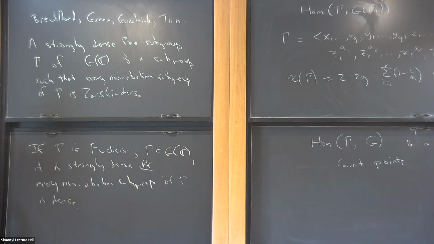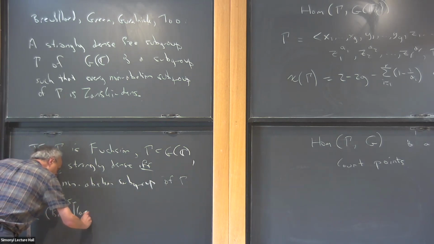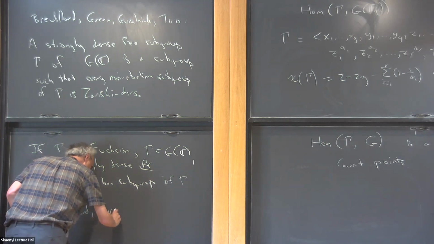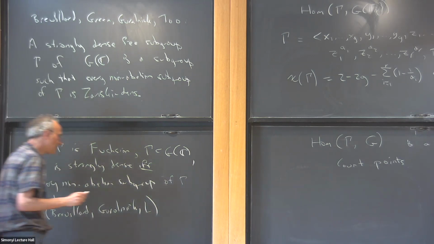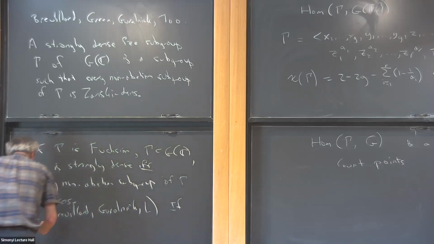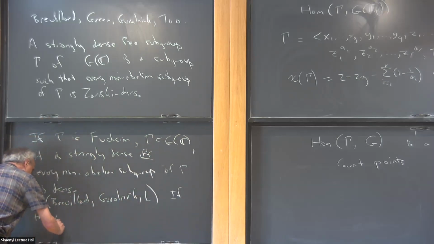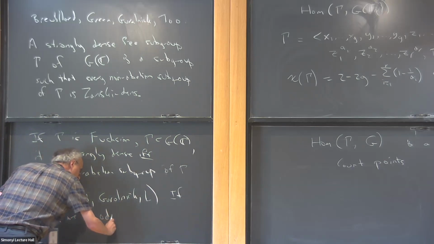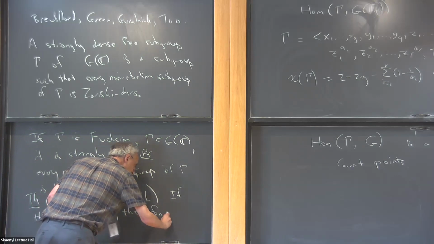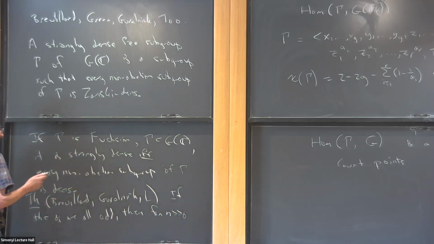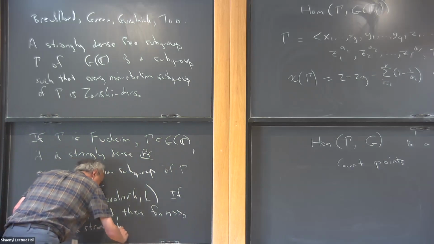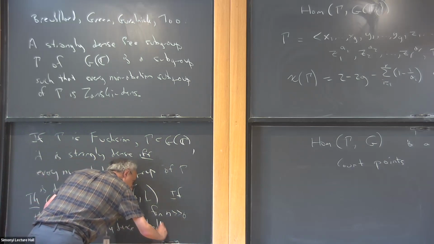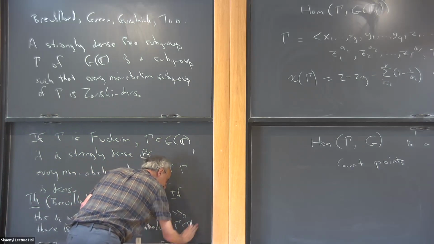So the theorem. This is now a theorem of Breuillard and Guralnick: if the a_i are all odd, then for n sufficiently large, there is a strongly dense embedding of gamma in SL_n(C).